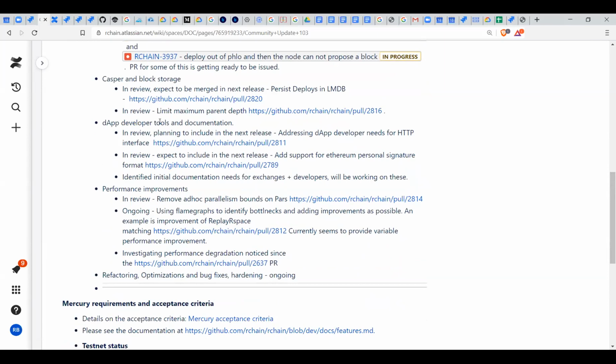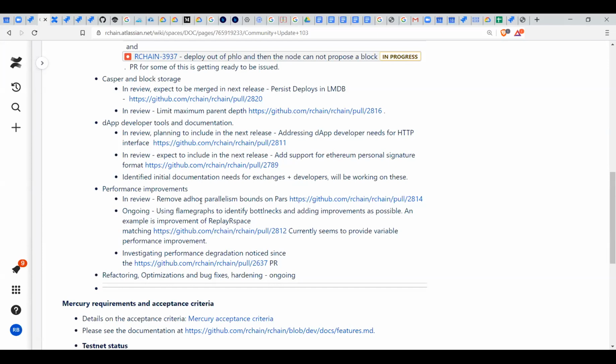In the dApp developer tools, we have two changes from Tomislav. One is the support for Ethereum personal signature format, and the other one is a web API, which is an HTTP endpoint for the block API. Those two are in review and should be included in the next release also.